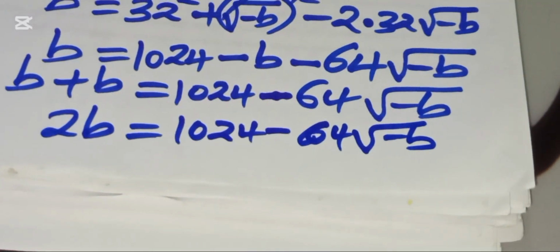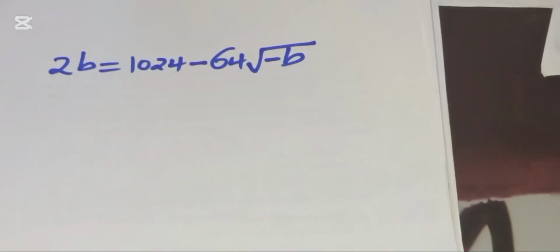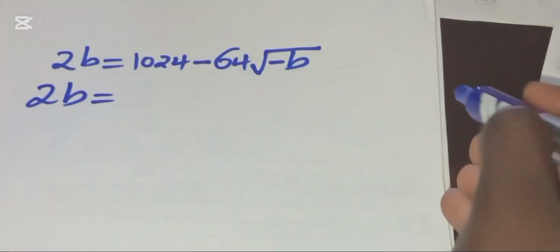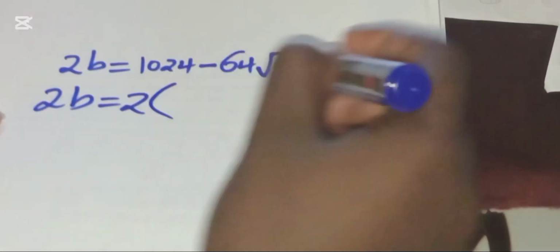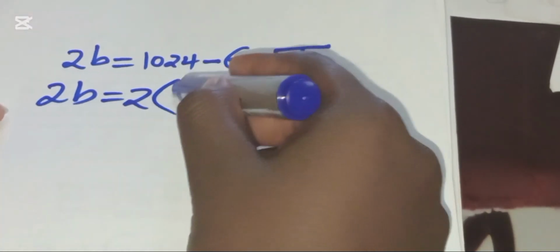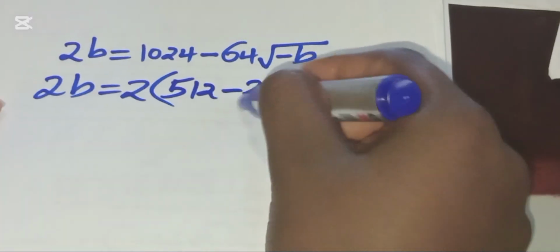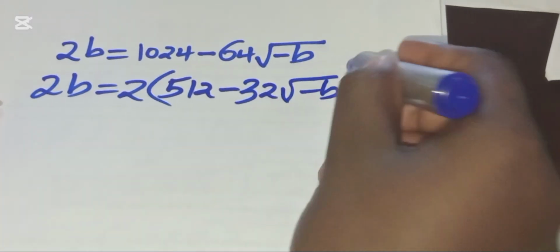Let's proceed. 2b is equal to 1024 minus 64 square root of negative b. Now we can express this as 2 times the quantity: 1024 divided by 2, which is 512, minus 32 square root of negative b.